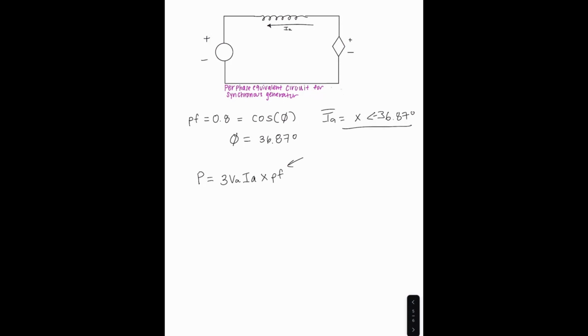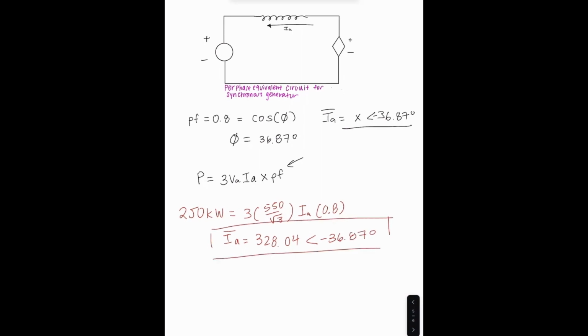So if we just plug in the things we knew, this would be 250 kilowatts equal to 3 times VA, which is 550 square root of 3, times IA, since we don't know this, and then we multiply this by 0.8. And that'll give us that IA is equal to 328.04. And we know the angle, so we can do this. And it's this. This is the generator current's phasor.